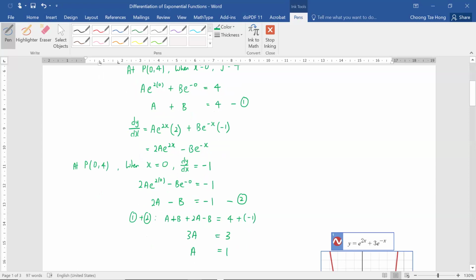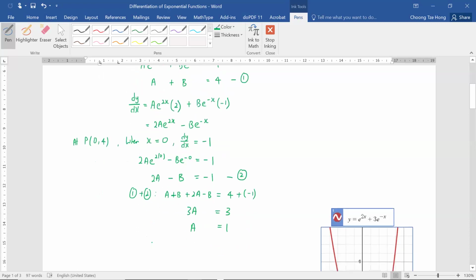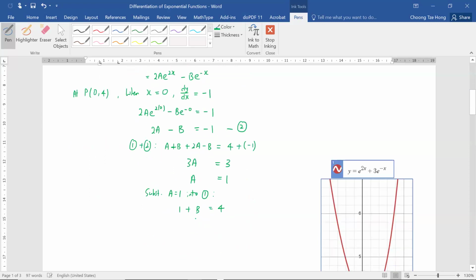Then we take a equals 1 and substitute it into equation 1. So we have 1 plus b equals 4. So b will be equal to 3. So there you have it, a is 1 and b equals 3.